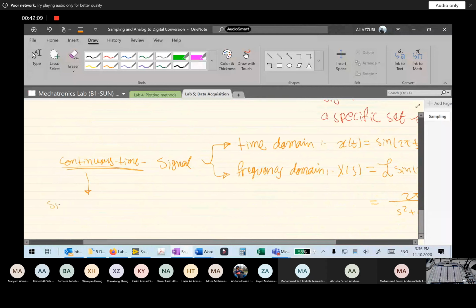The signal value is defined for all values of t.